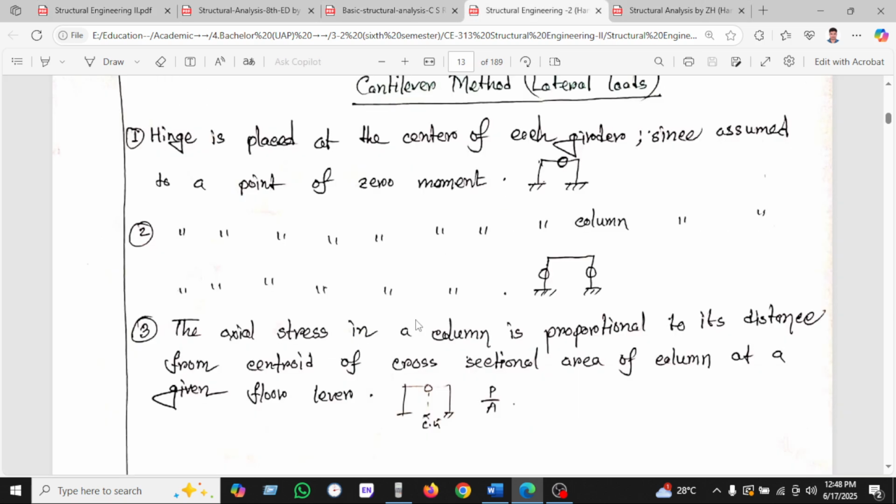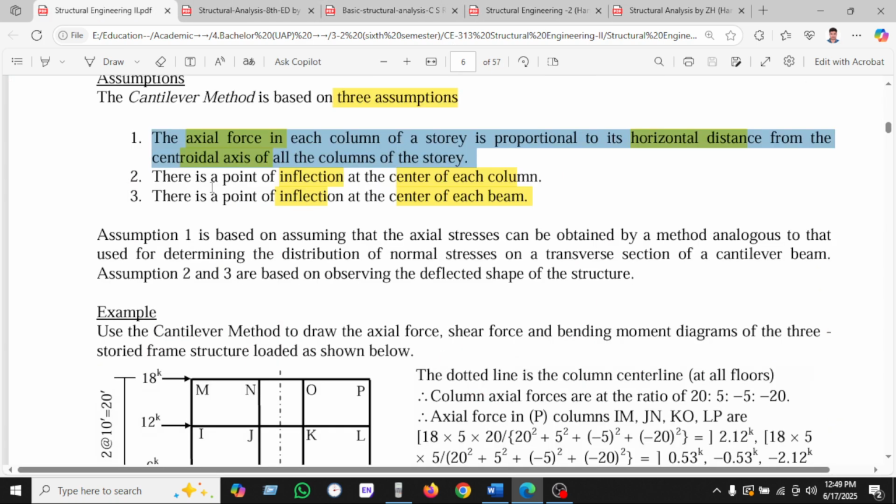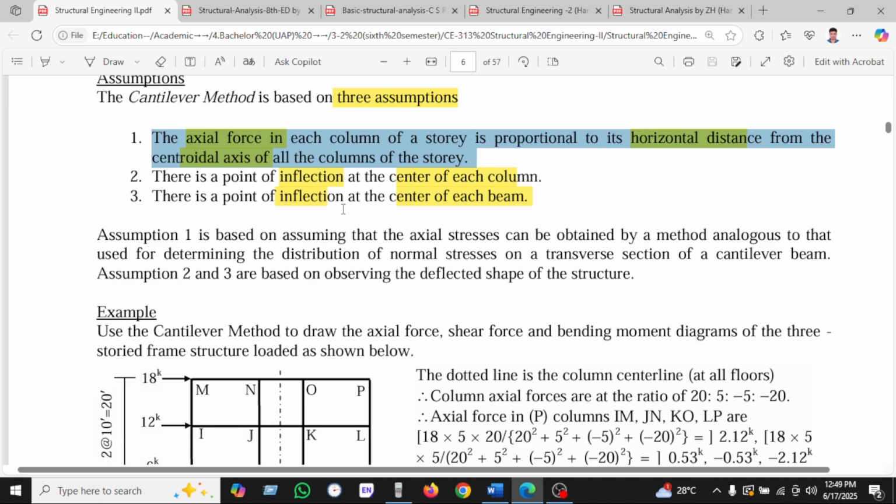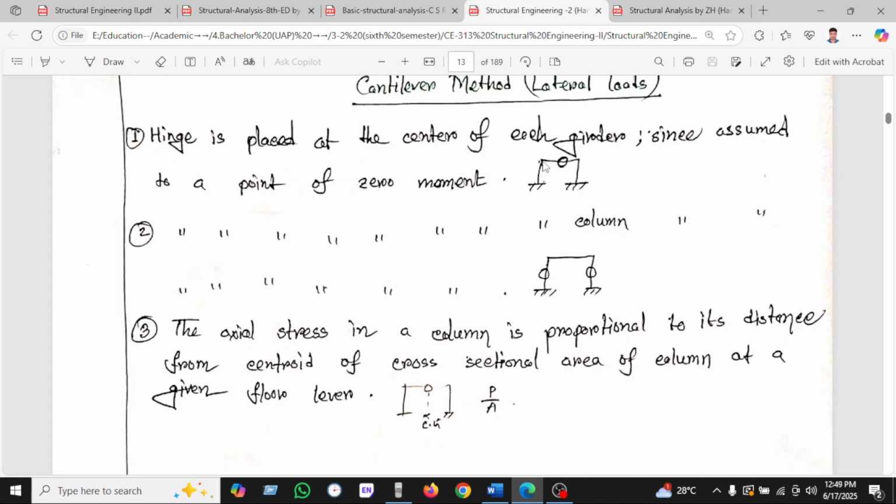That means, as I have shown here, these are the two columns and this is the CG, at the same distance. And there is a point of inflection at the center of each column. So I have shown here the inflection of each column, and there is a point of inflection at the center of each beam. So I have shown here the inflection of each beam.